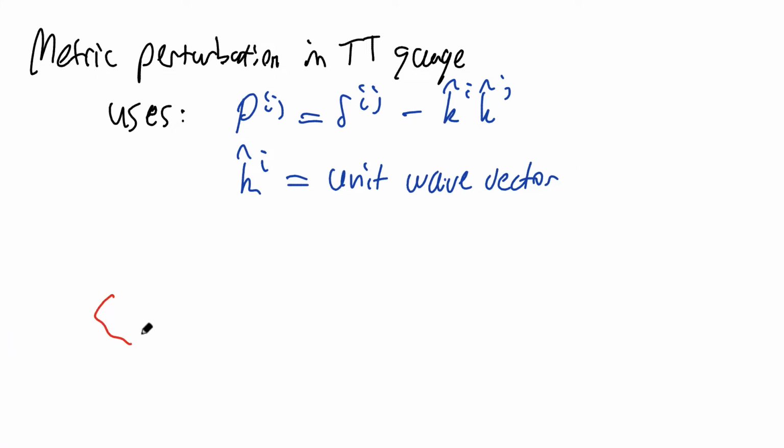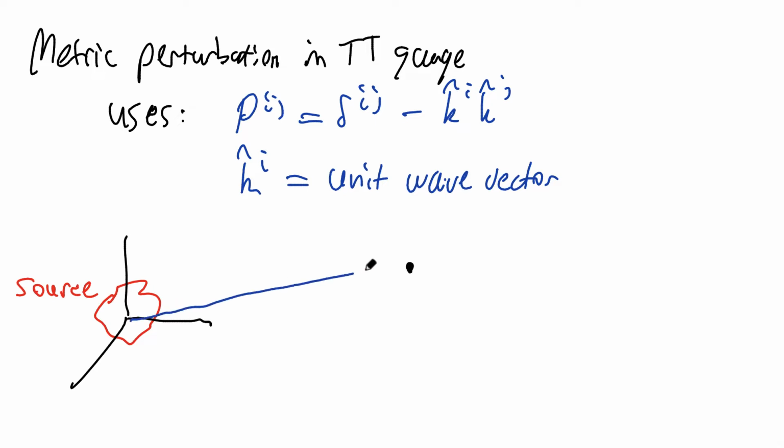So here's our source, and the xyz coordinates with origin deep inside the source. This is the field point x, very far away from the source. And here are the gravitational waves propagating past the field point. And this is the wave vector k.